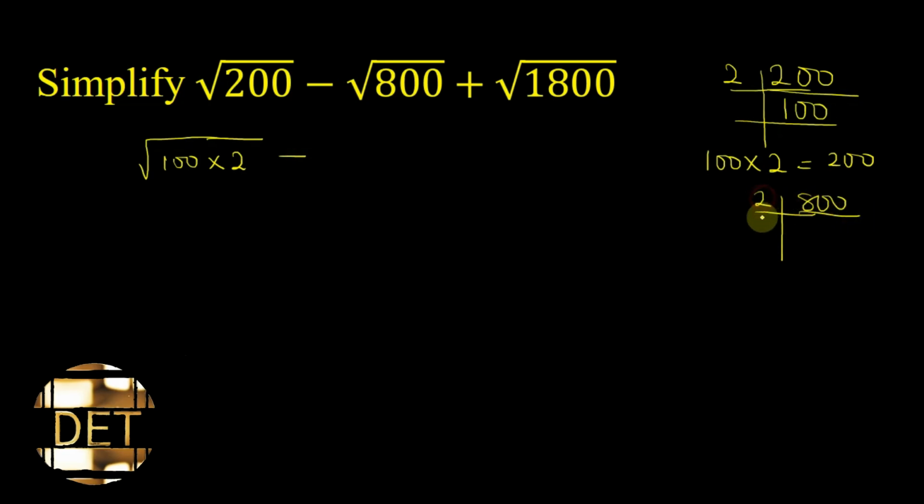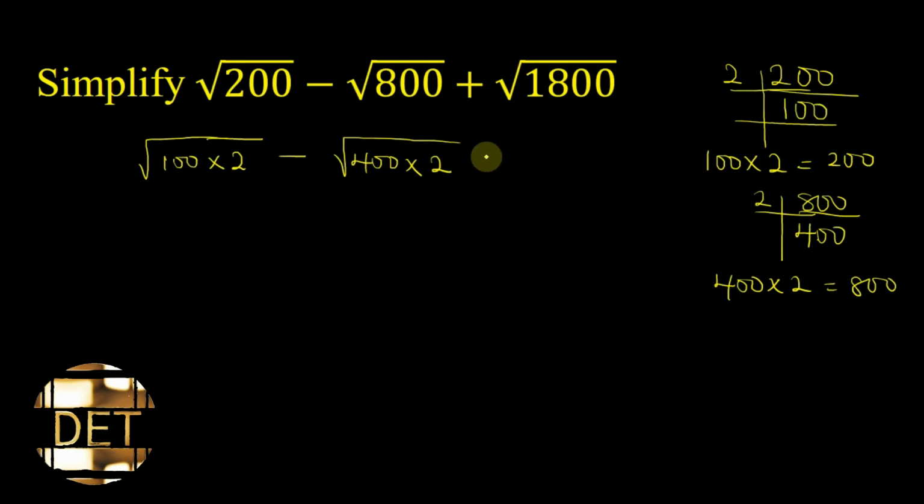What can go here is 2. 800 divided by 2 gives 400, and 400 is a perfect square. 2 is an imperfect square. So the correct factors here are 400 times 2, which is equal to 800. So my 800 now will be the square root of 400 times 2, which is still the same thing as 800.